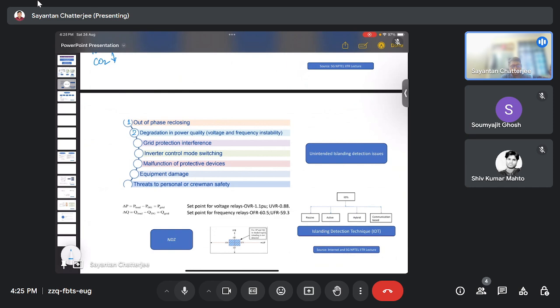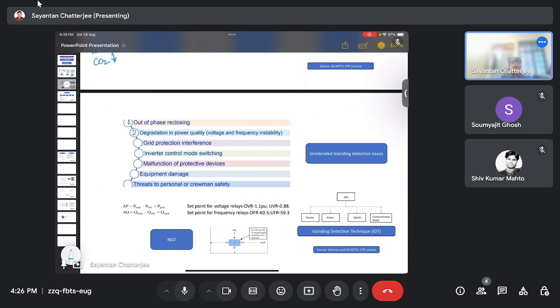Okay, so if the grid side is switched on, in that case, from the grid side we can get an ample amount of power or generation from the grid. But whenever we are isolating from the grid, the entire demand has to be met by the generators placed within that area or within that microgrid.